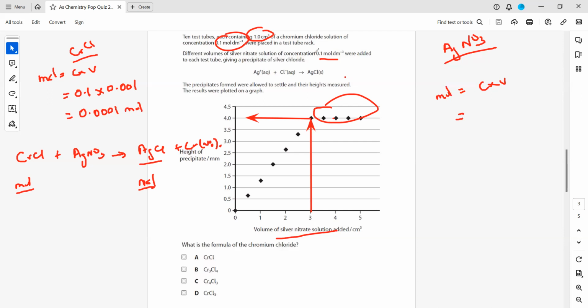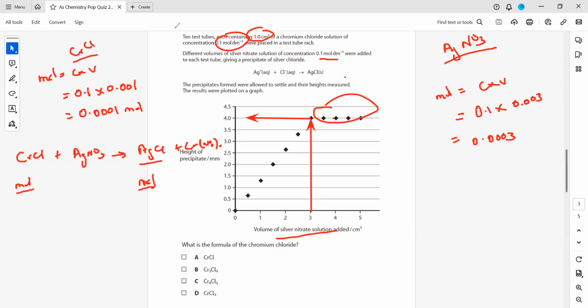So the concentration of the solution is 0.1 and the volume of silver nitrate used for complete reaction is 3 cm cube. 3 cm cube we have to convert into dm cube, so 0.03. So this will be 0.0003.